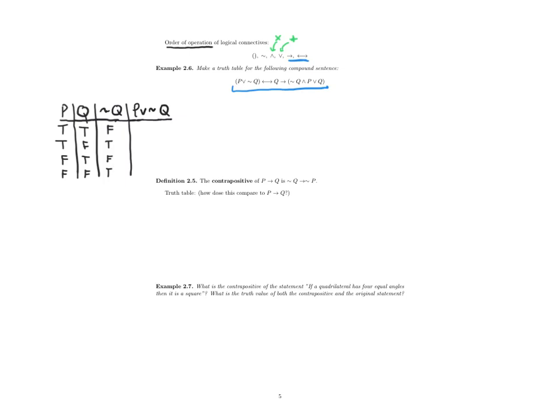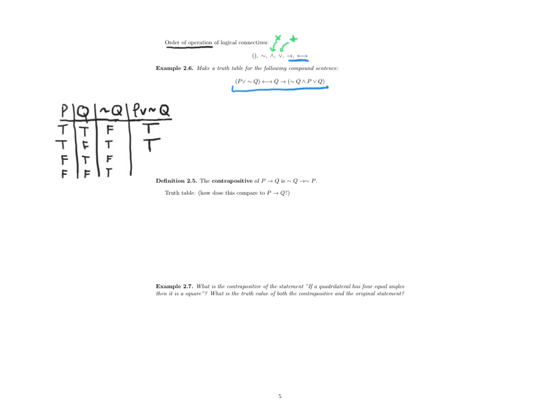Let's go ahead. So remember that ors are false exactly when both sides of the or are false. So we need P to be false and not Q to be false in order for this or statement to be false. So let's look at it. P is true, so we know automatically we don't even have to look at the truth value for not Q in the first row. So we know this is true since one of them is true. Same with the second row. That's true as well, since we know P is true in the second row.